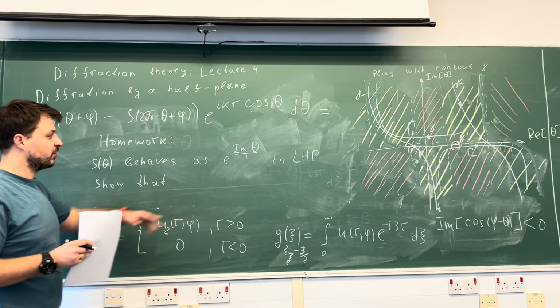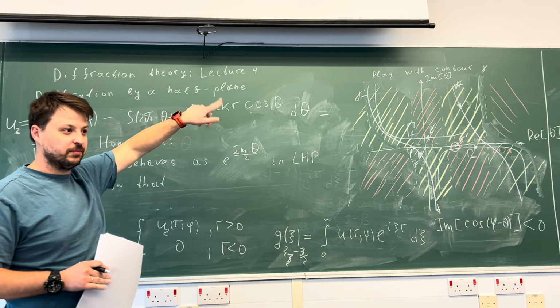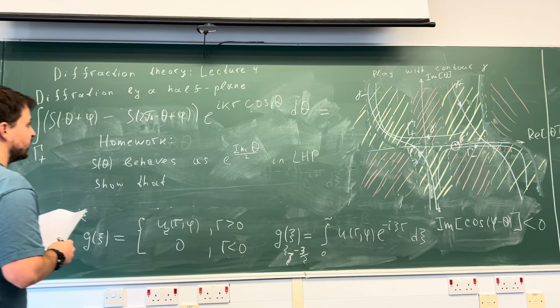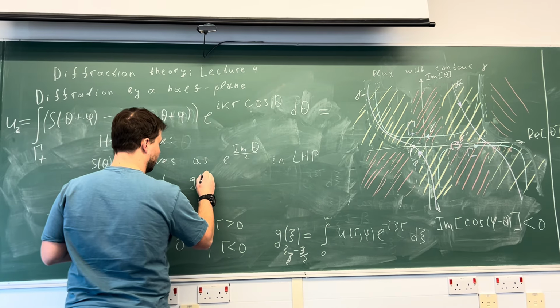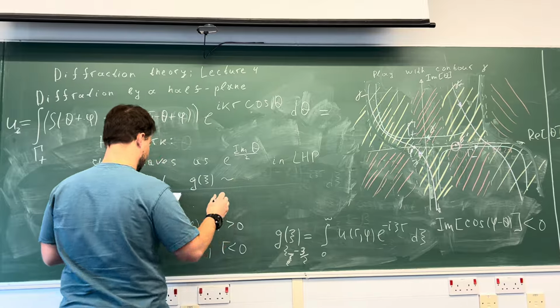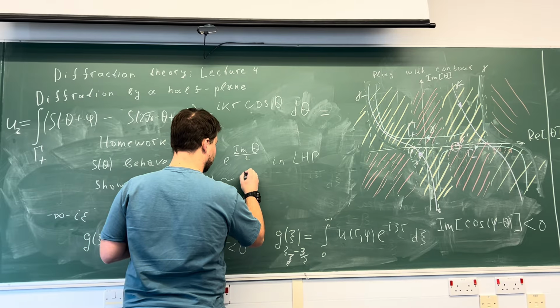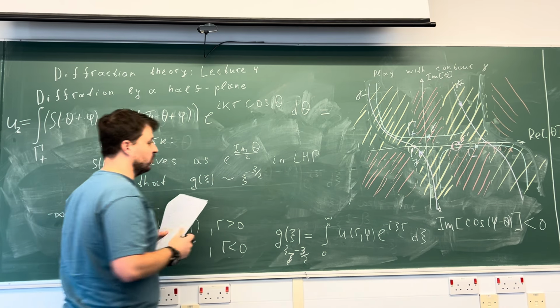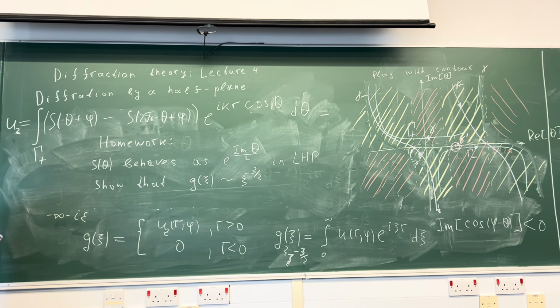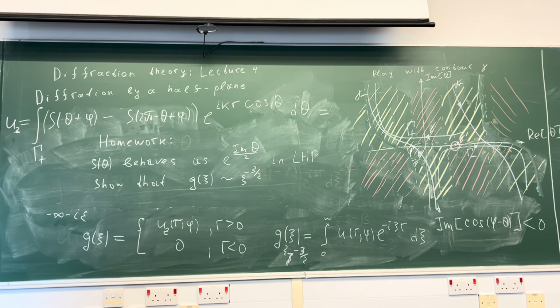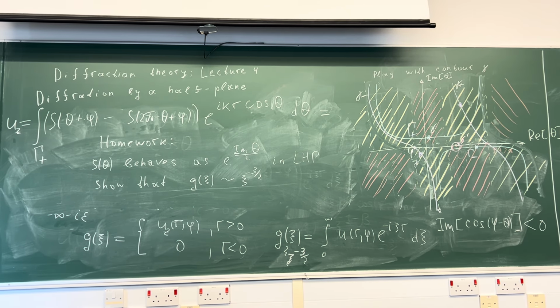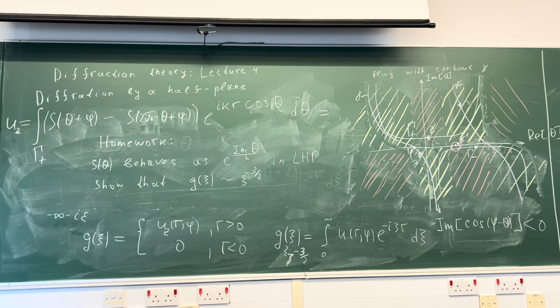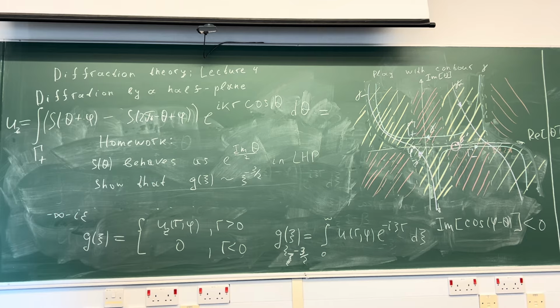This is kind of obvious because we have an exponent here, i theta. Show that g of psi behaves as sin to the minus 3 over 2. So this is the way to check the mixing condition. And that's it. That's the final result. We checked everything and we proved that we have a solution for the half-plane problem.